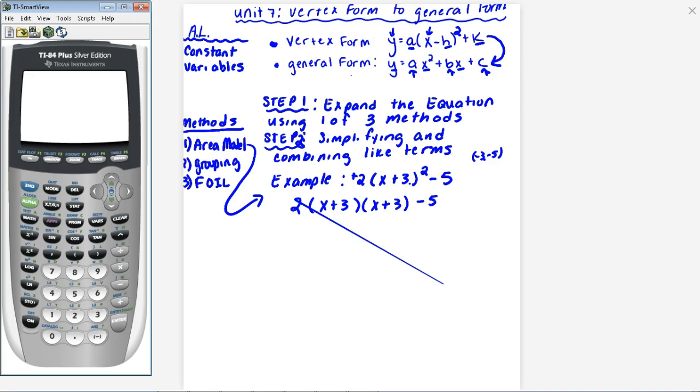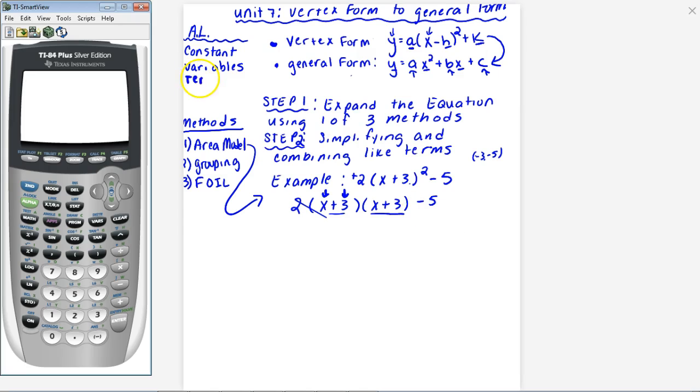So how do I multiply one set of parentheses with another set of parentheses when there's a variable inside? Well, I'm glad you asked. One of the first things we're going to do is draw a box. And since there are two terms, there's the x, which is a variable, and the 3, which is a constant.